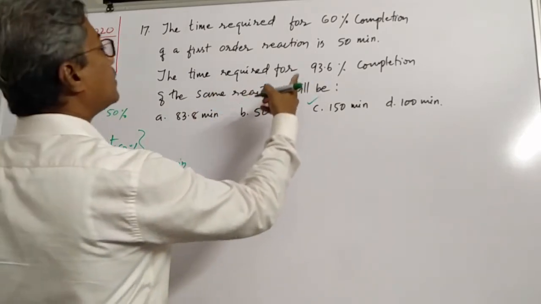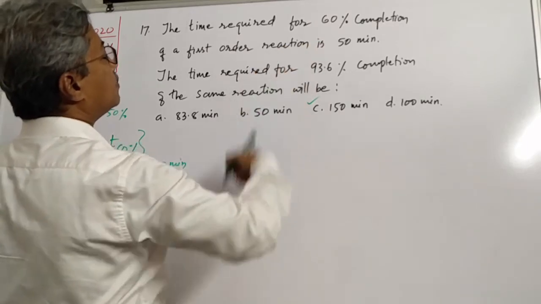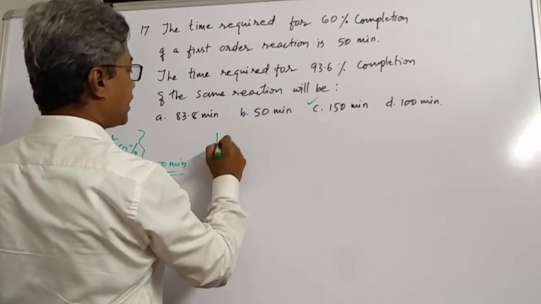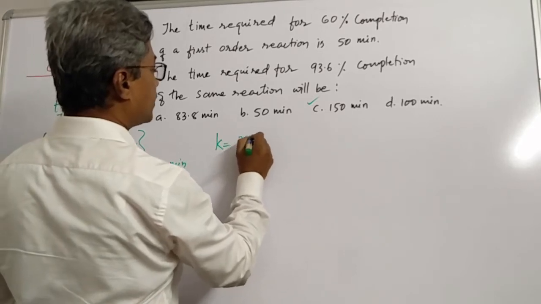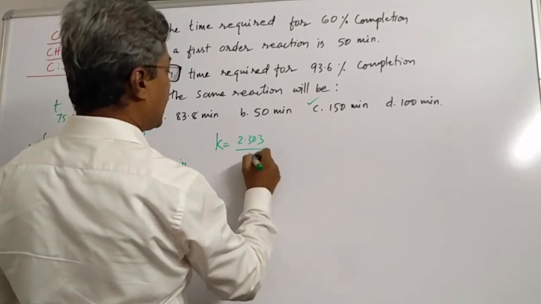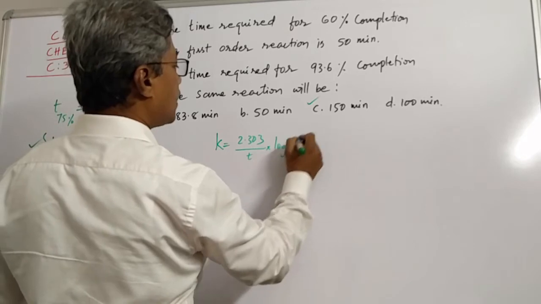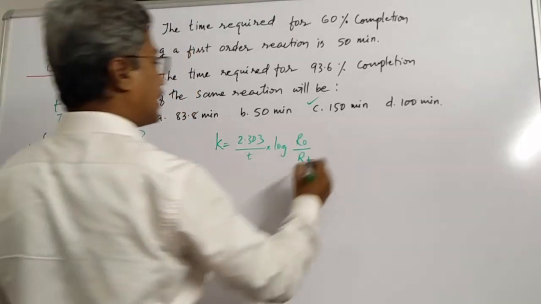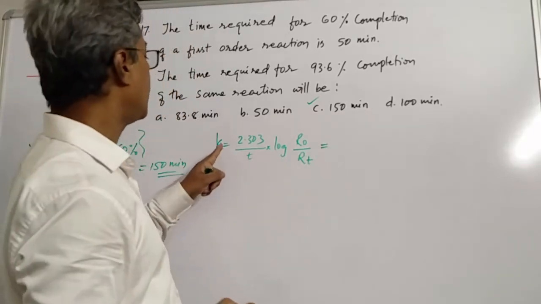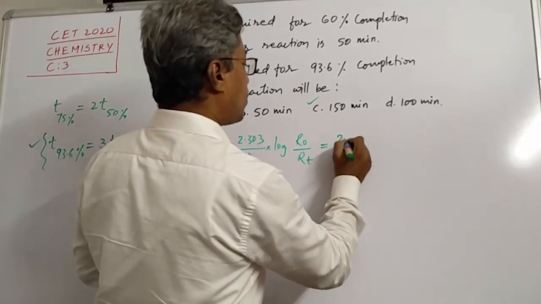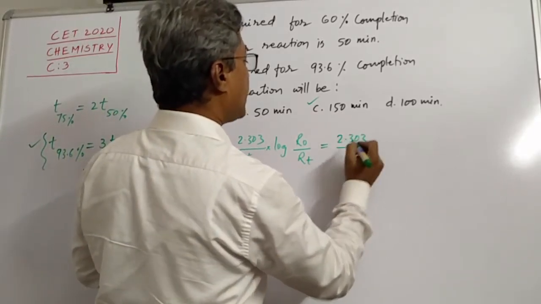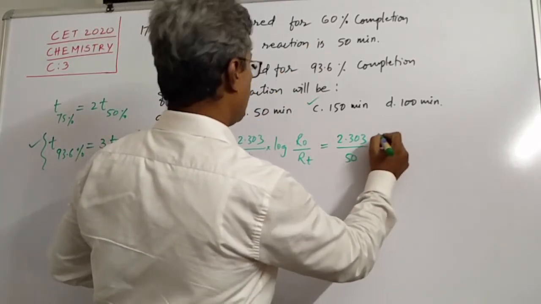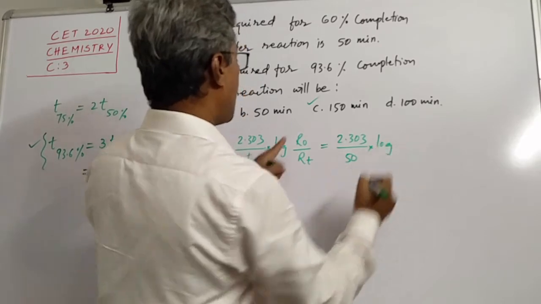We need to find the K value by using this equation. We know that K is equal to 2.303 by t into log of R0 by Rt. This stands for 2.303 by 50 minutes into log of R0.